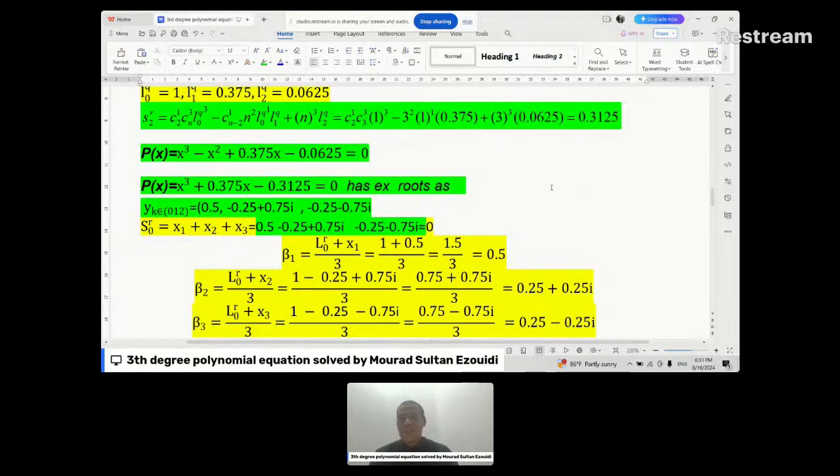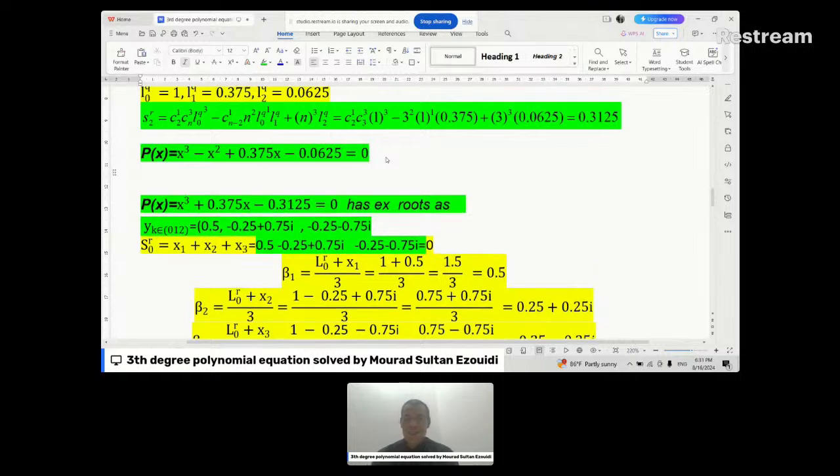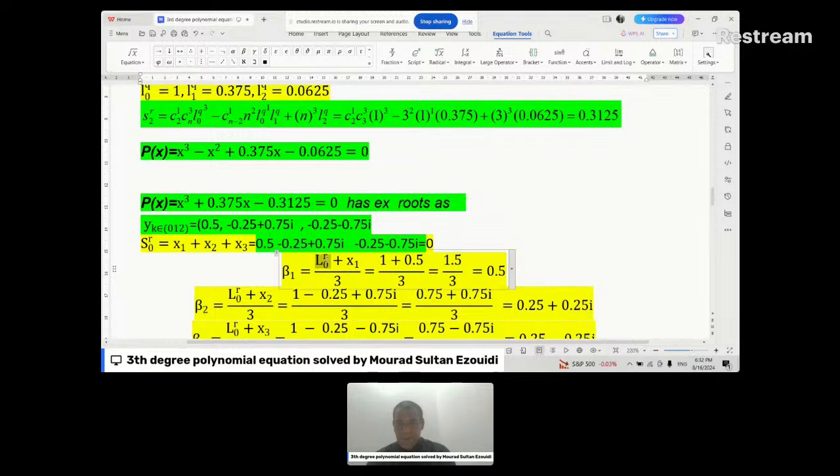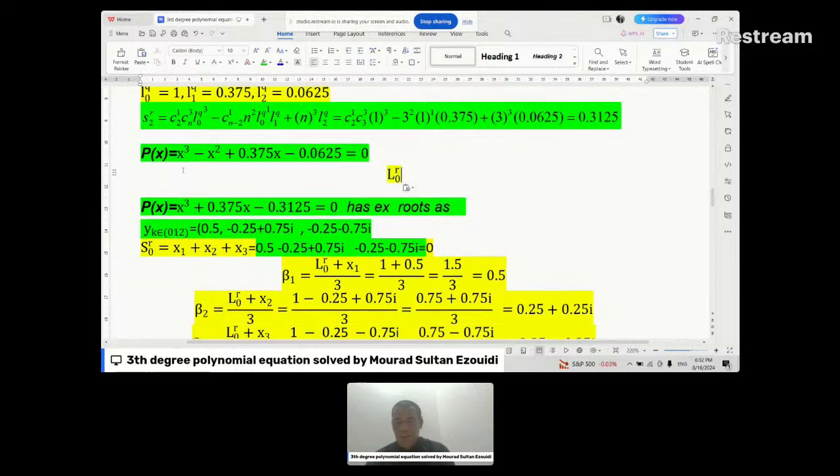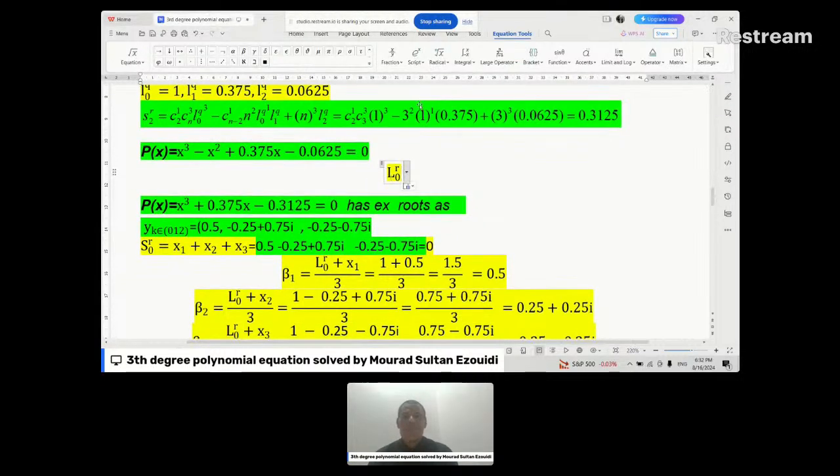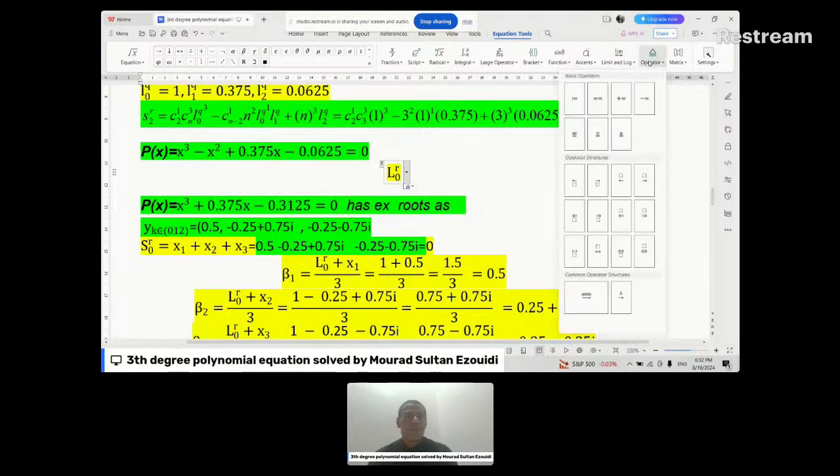Now learners, I'm going to write this here, if it is better. I will use this one. I will do it here in front of you, then I will erase it. Control C. I will try to use the delta operator.